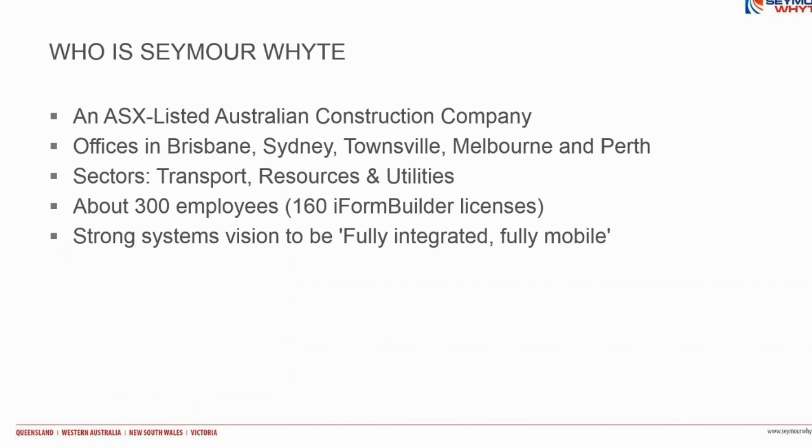We've got offices spread across the country. Our head office, and where I'm presenting from, is in Brisbane. We've got offices in Sydney, Townsville, Melbourne and Perth as well. And we work primarily in the transport sector, so roads and bridges, but we also work in resources and utilities, underground tunnelling and stuff like that.